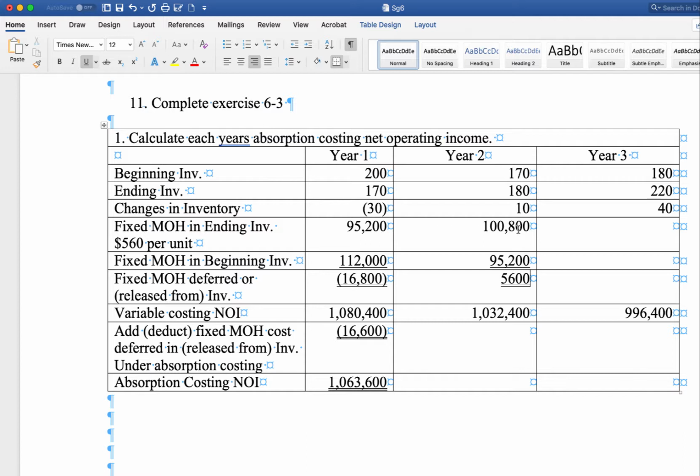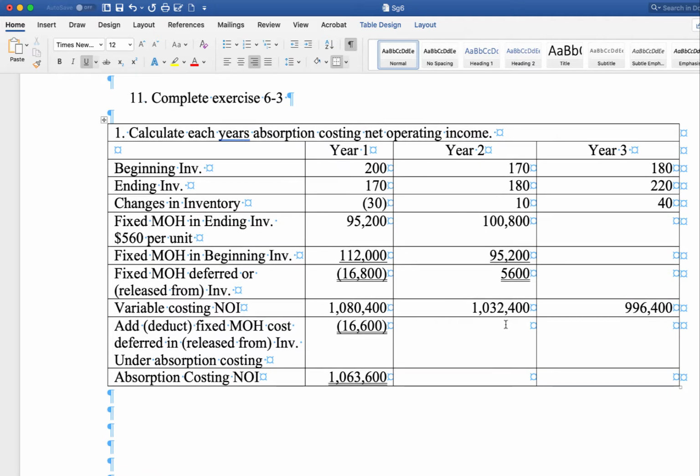It drives up our net operating income under the absorption method. So, we're going to add to our variable net operating income the fixed manufacturing overhead cost that is deferred in inventory under the absorption method. So we're going to add $5,600.